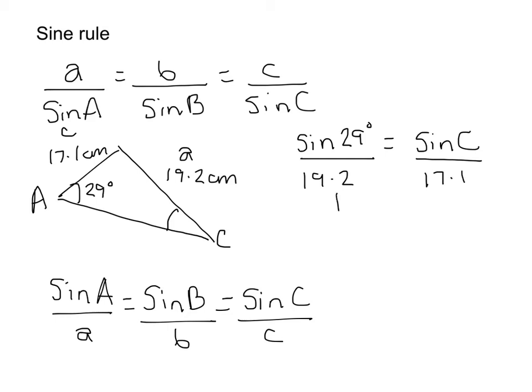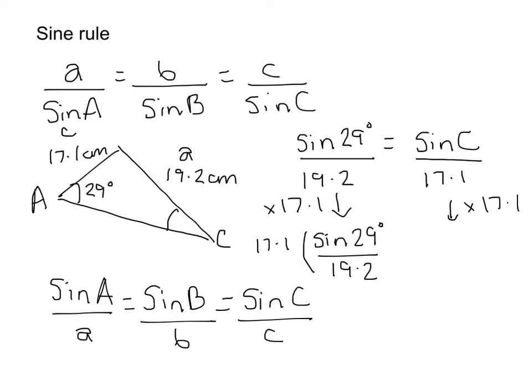Again, we need to rearrange first, so I'm going to multiply both sides by 17.1, which gives me 17.1 brackets sine 29 degrees over 19.2 equals sine C.